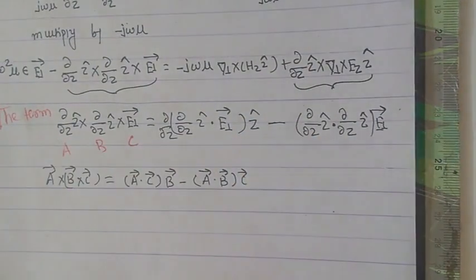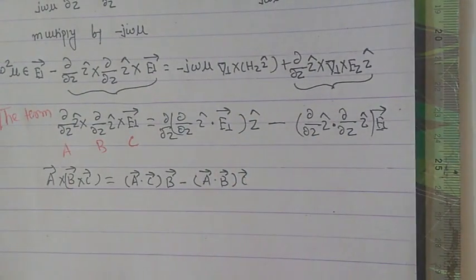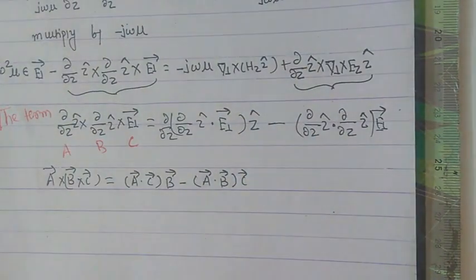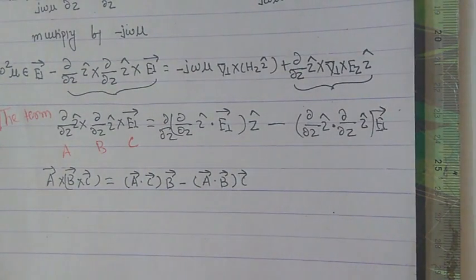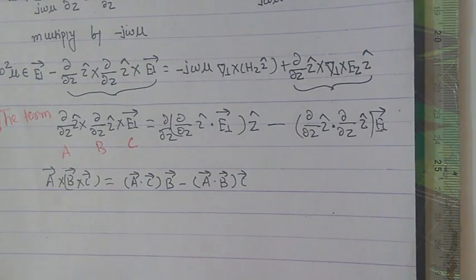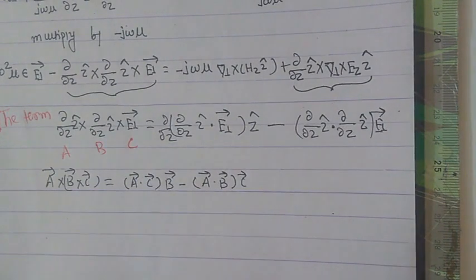Now use the knowledge of dot product, because A dot B is equal to AB cos theta. Theta is the angle between two vectors.